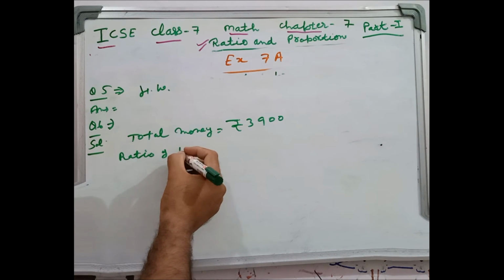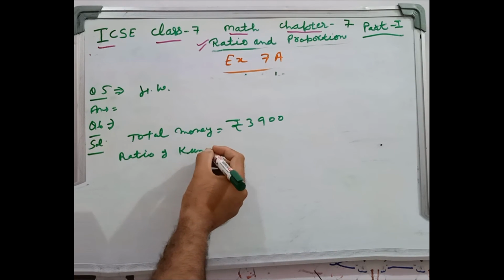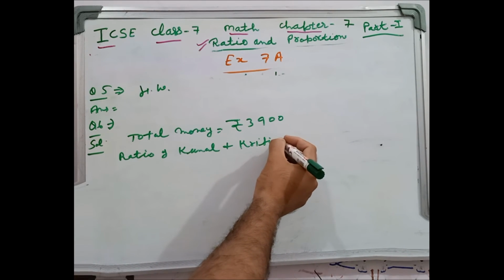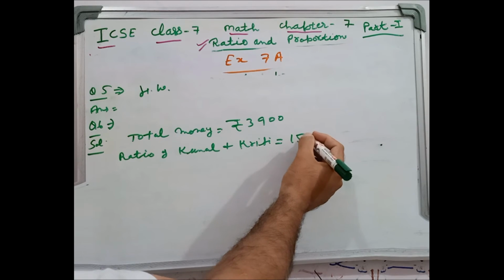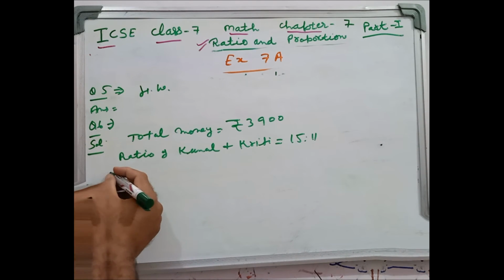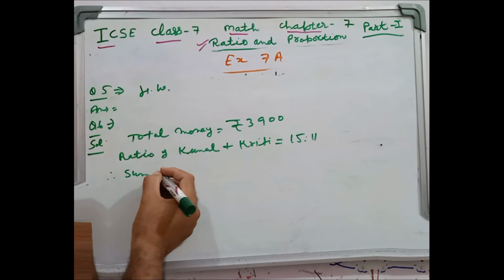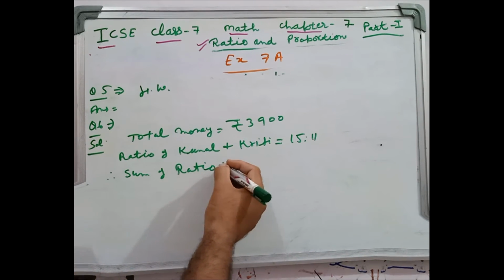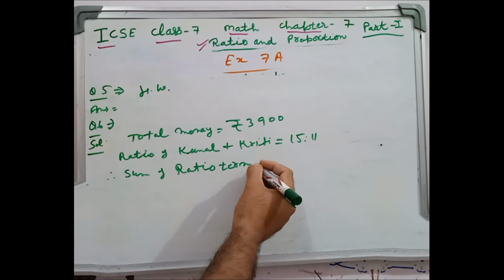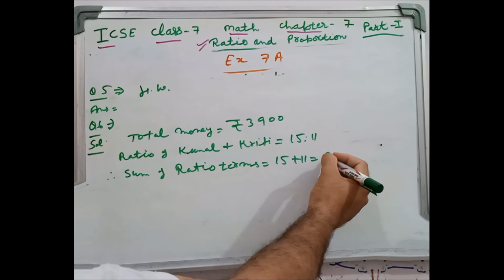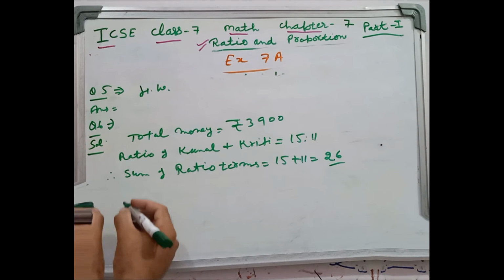Kunal and Preeti's ratio is 15:11. So again, the sum of ratio terms would be 15 plus 11. 15 plus 11 is 26.